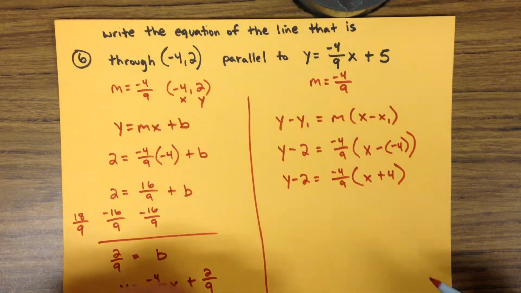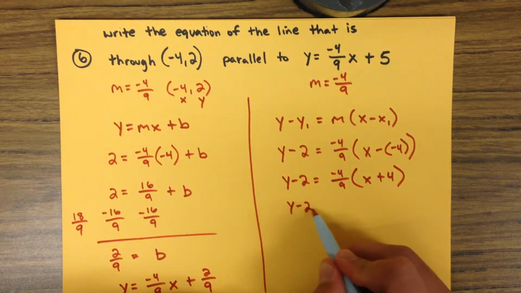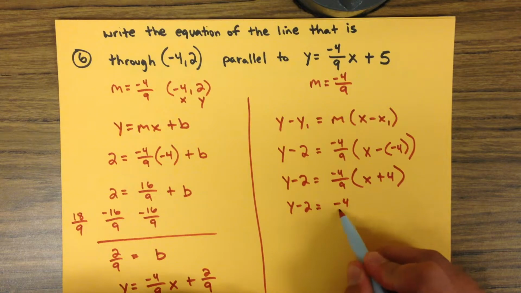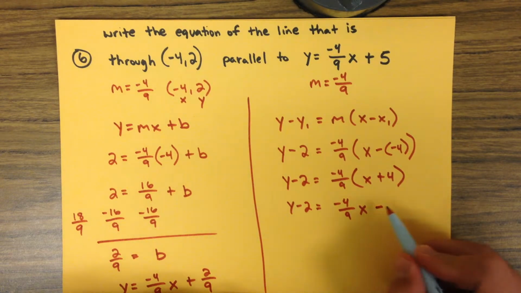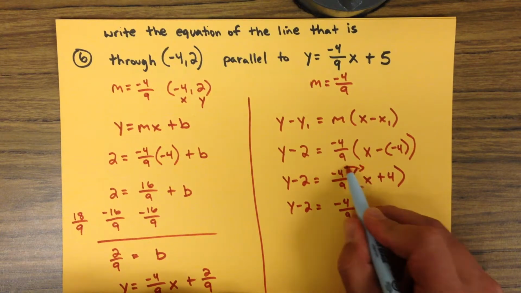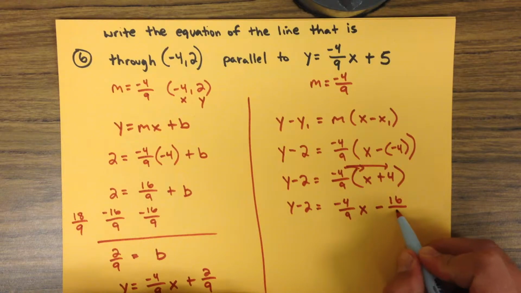Now when you're using point slope formula, you have to distribute. So it'd be -4/9 x, minus, distribute to both terms, 16/9.